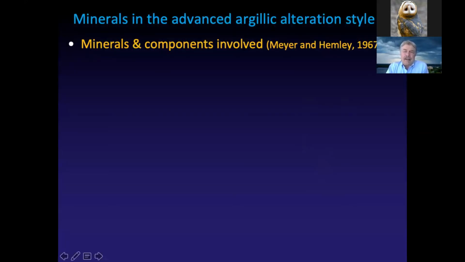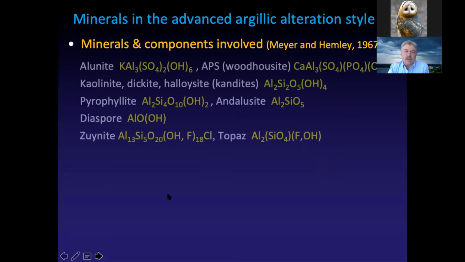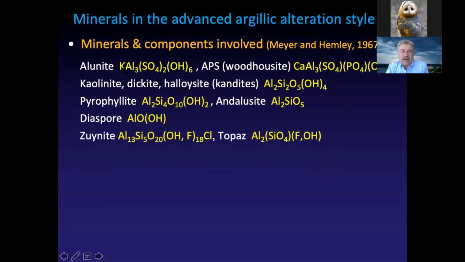So now this brief overview, let's talk about minerals in the advanced argillic alteration group. The term was first introduced by Meyer and Hemley in 1967, and these minerals include alunite, and also kaolinite, dickite. The kaolinite and dickite are kandite minerals or kaolin group minerals.